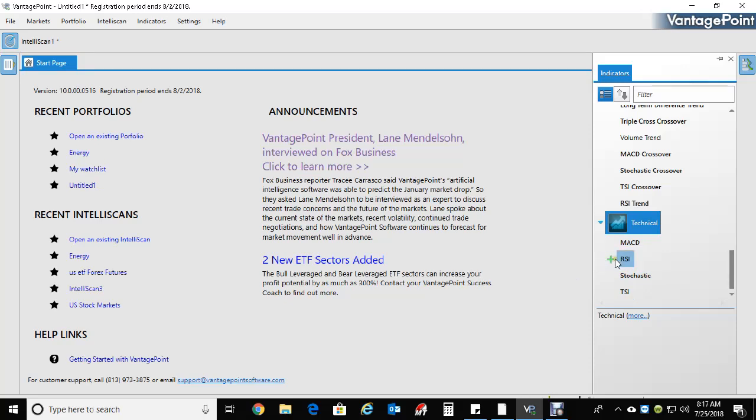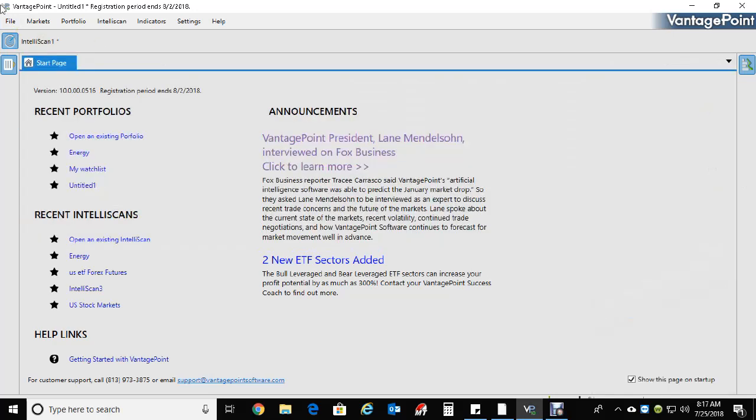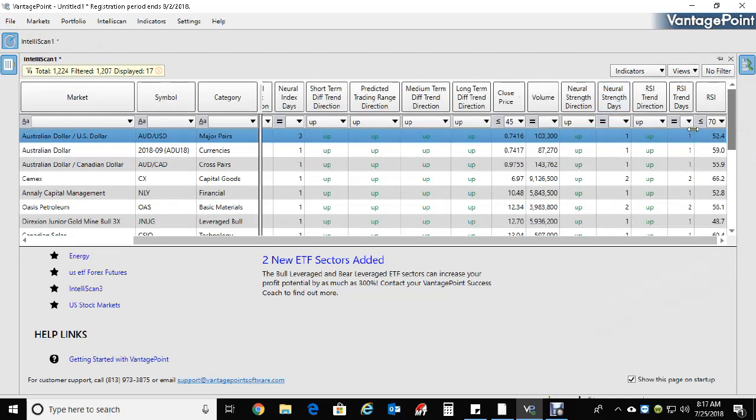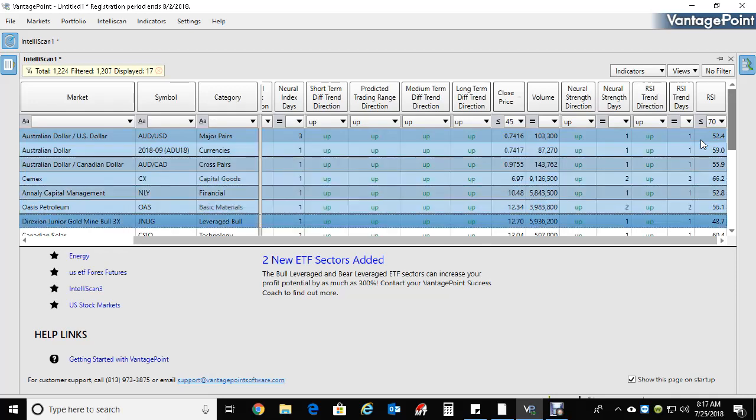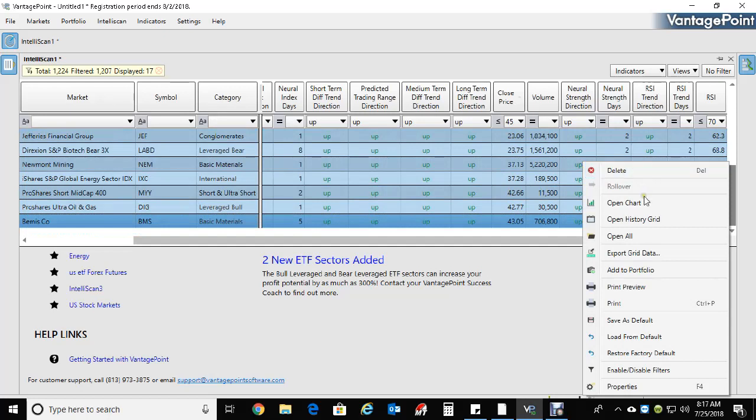And the RSI is the relative strength index indicator, and that one is going to be showing you if it's overbought or oversold. Okay. And you put a less than or equal to 70, so that is correct, because over the 70 mark is going to be overbought, and under the 30 mark is going to be oversold.